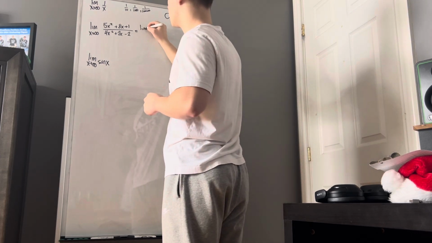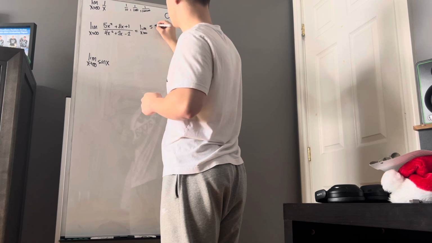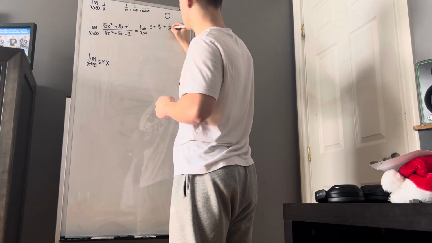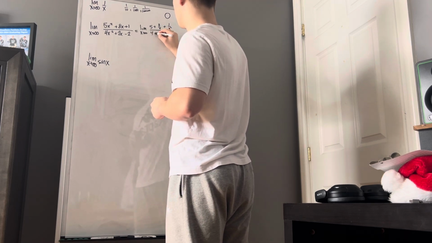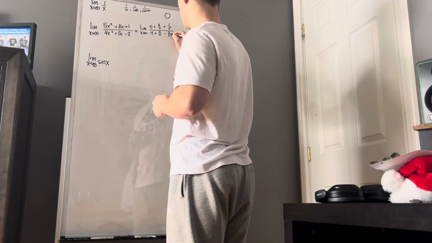We get limit as x approaches infinity for 5 plus 8 over x plus 1 over x squared divided by 4 plus 2 over x minus 2 over x squared.